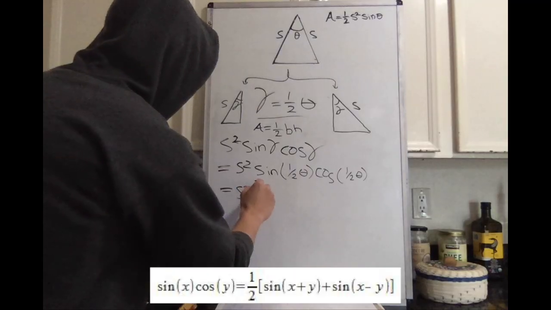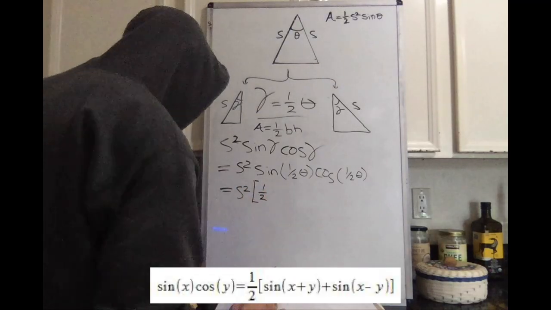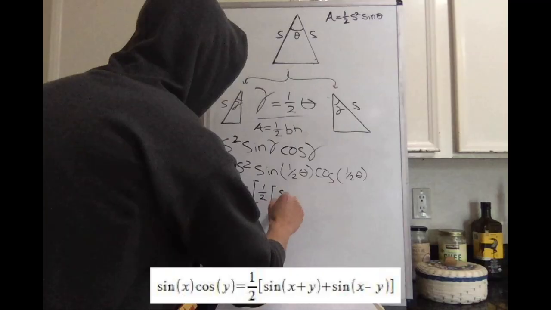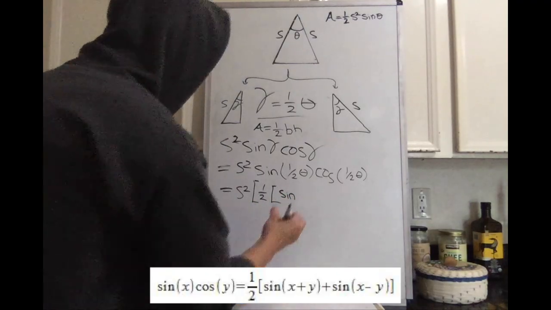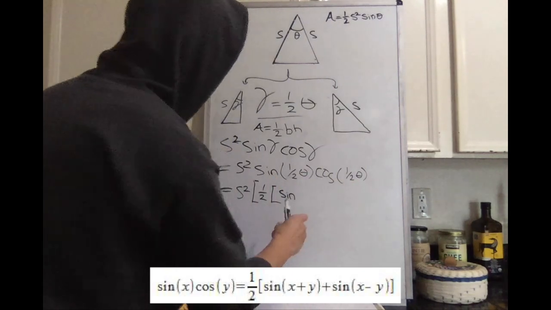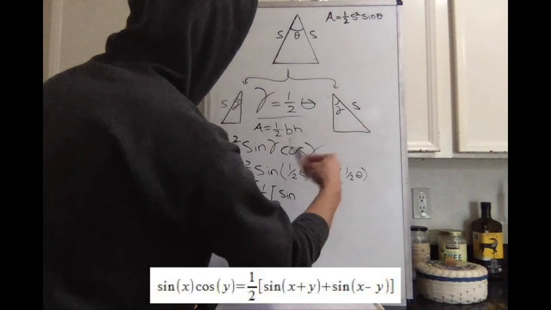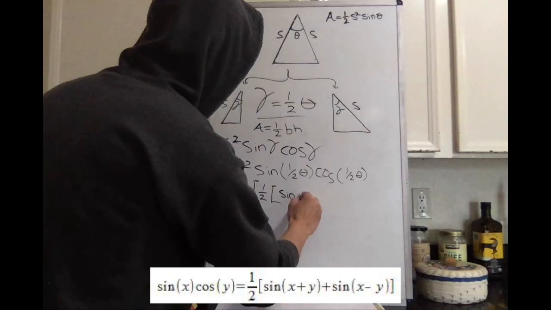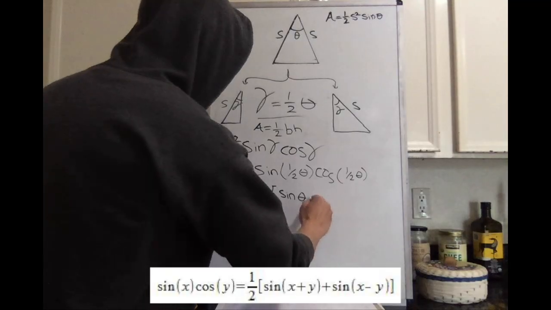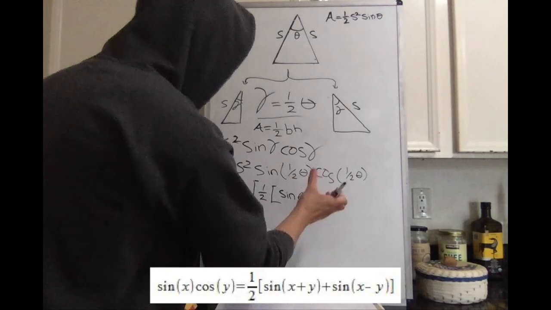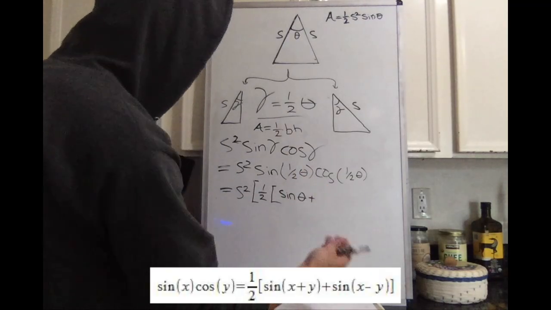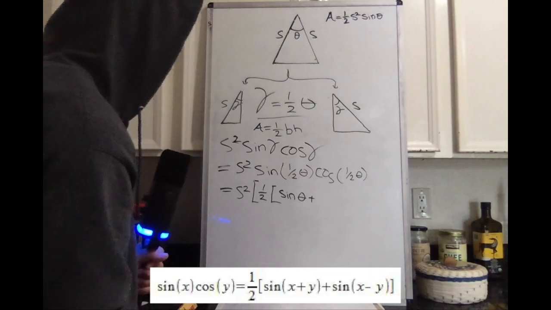s squared times 1/2 times the sine of the sum of these two inputs. So 1/2 times theta plus 1/2 times theta is theta, plus the sine of the difference. 1/2 times theta minus 1/2 times theta is 0, and sine of 0 is 0.